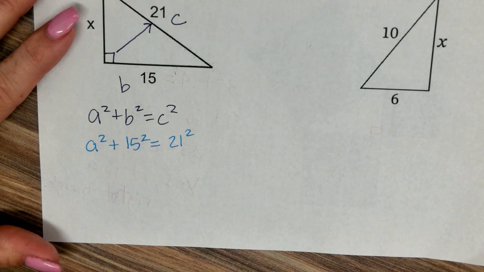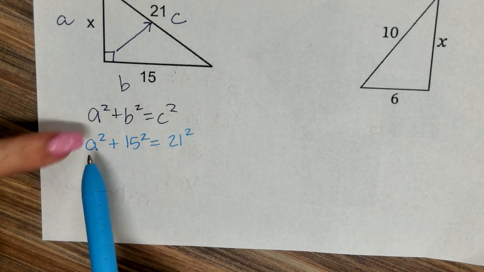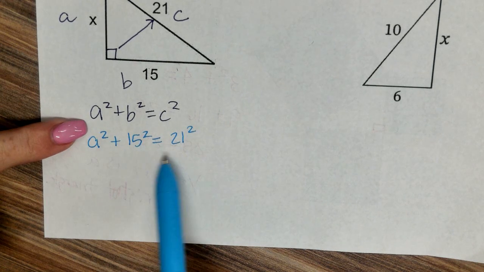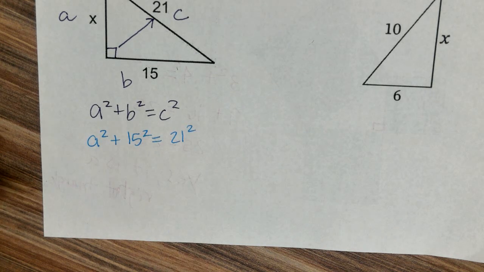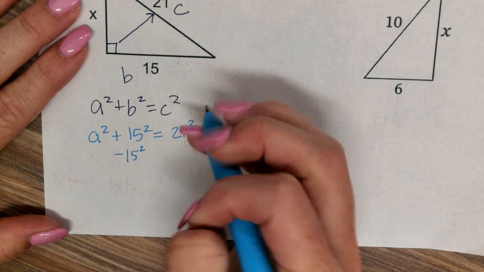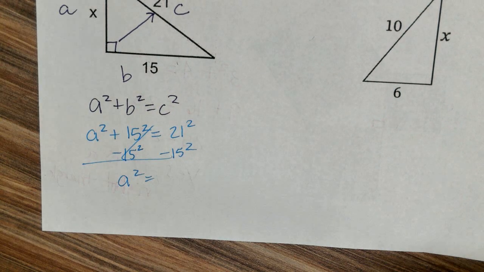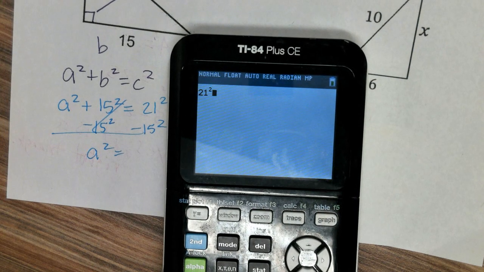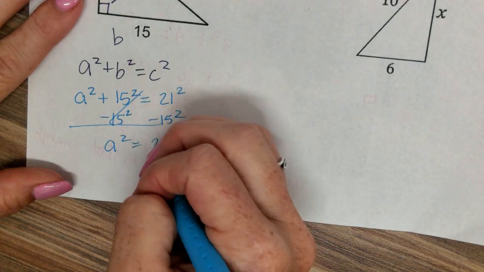So if this was a normal equation, I would need to isolate the variable and move this to the right side, and I would move it by subtraction. Now, you could go ahead and square those, or you could put them in your calculator all in one step, and I could say, I need to subtract 15 squared from both sides, and I would get A squared equals 21 squared minus 15 squared is 216.